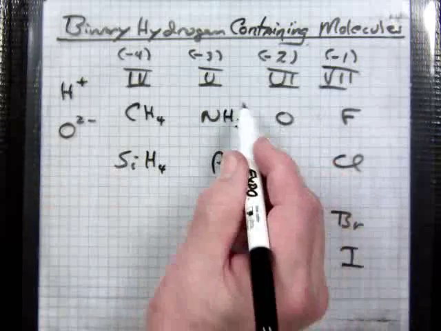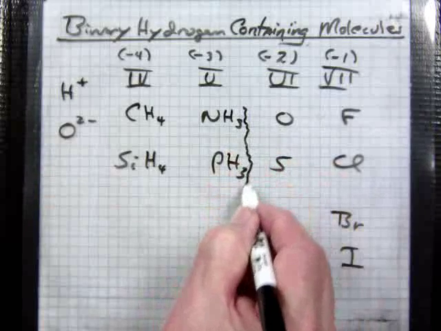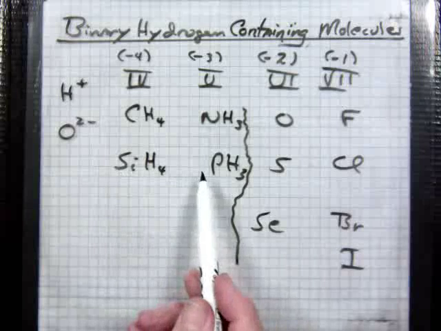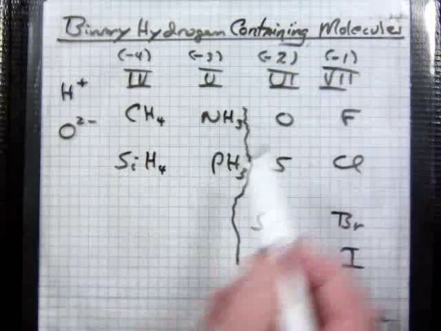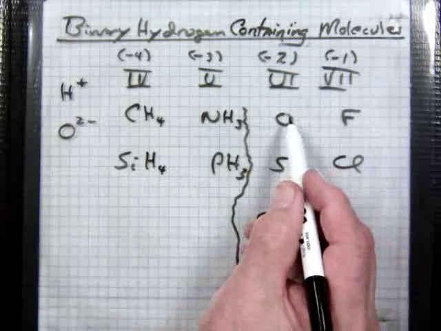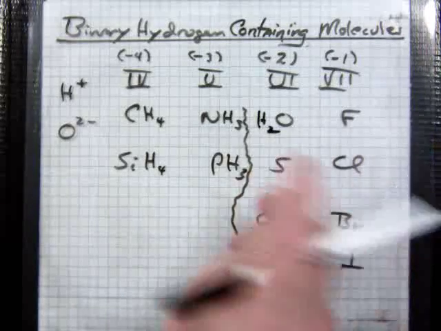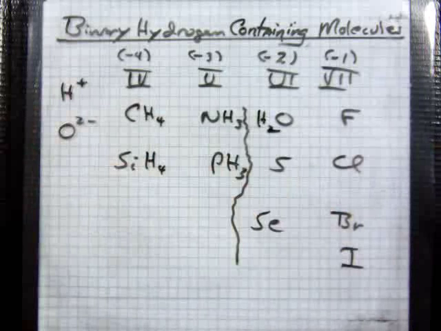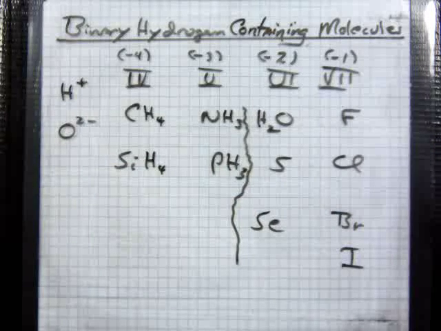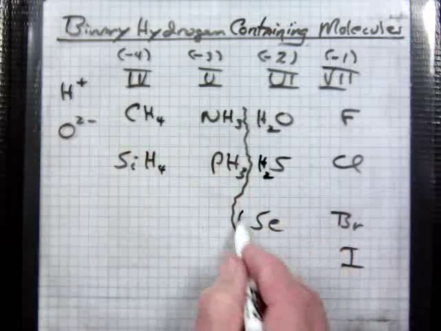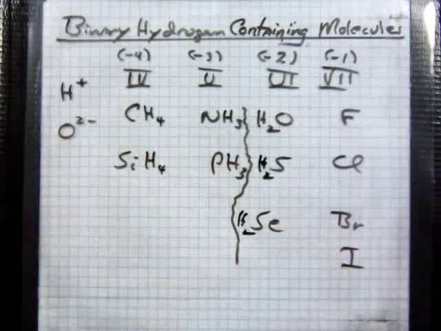Oxygen. Now at this point, let me show you a little trick. Hydrogen typically is listed on the right side of the formula, but this is easy to remember too. If you put hydrogen on this one, it has to go on the left. If somebody asks you what the formula for water is, you'll always say H2O. So when you get to group 6, hydrogen goes on the left of the elements: H2S and H2Se, hydrogen sulfide.